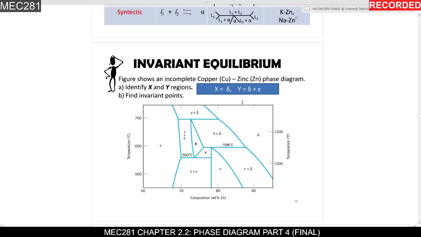How about the Y region? The Y region is between X and epsilon here, right? So between those solid solutions, this here is delta, and this is epsilon. So the intermediate between X, delta, and the epsilon here must be delta plus epsilon. So this is the answer for Y.